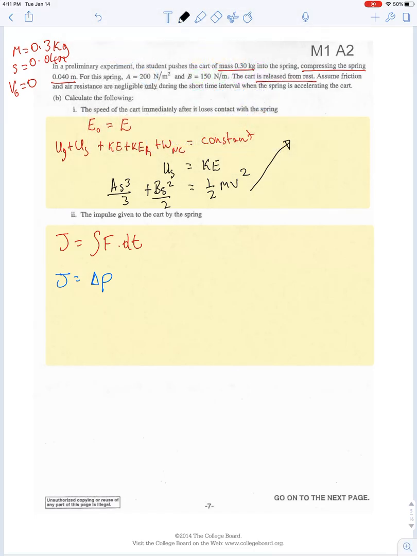So what's v? I multiply by 2 on both sides, get rid of that 2, and divide by m, then take the square root. So I could just do 2 over m times (a s cubed over 3 plus b s squared over 2), and I take the square root of all of that.